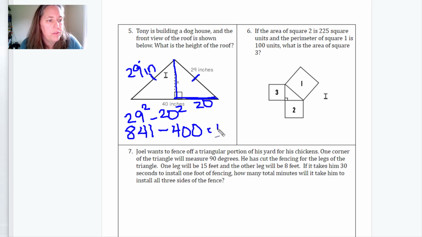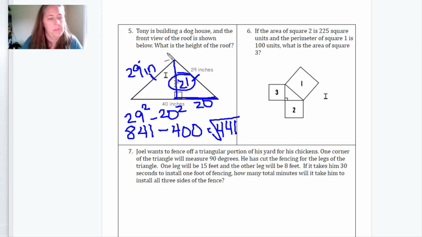So that's 441. And then the last thing we have to do is take the square root. So the square root of 441 is 21. So the height of this triangle is 21 inches.